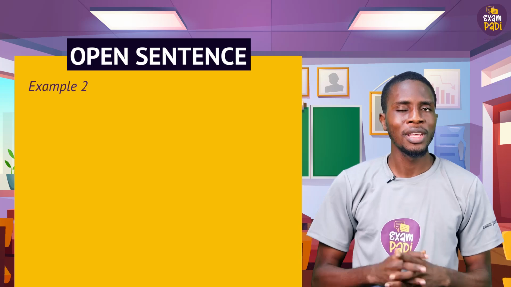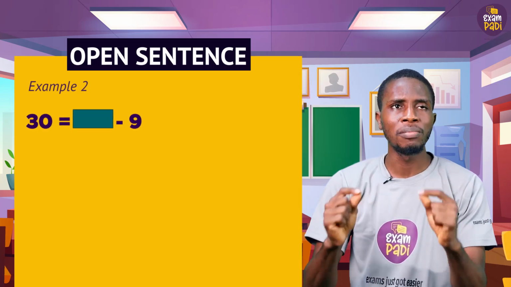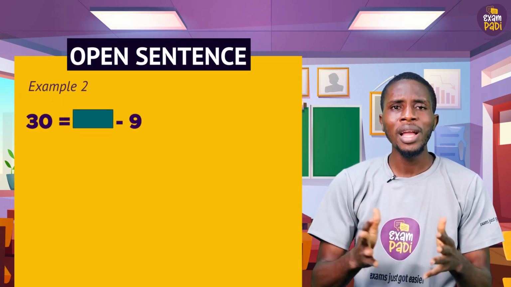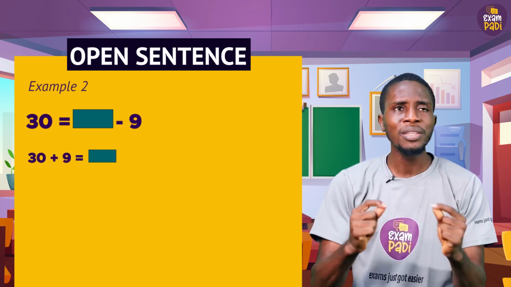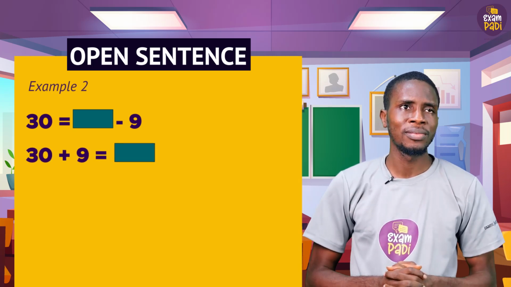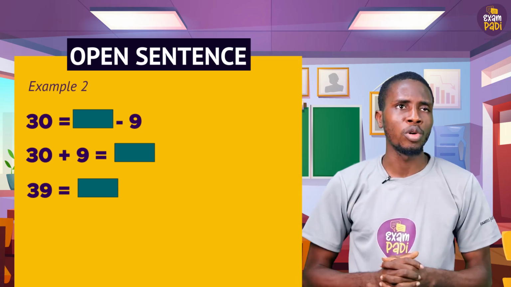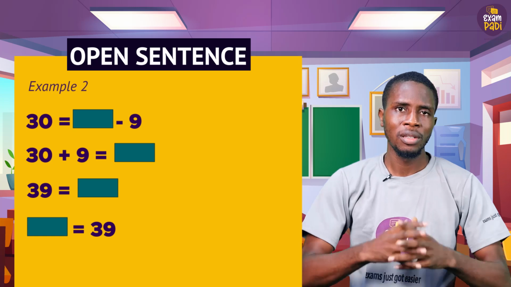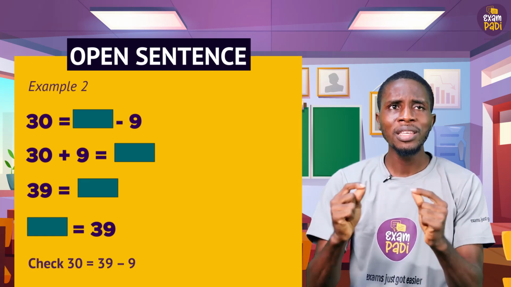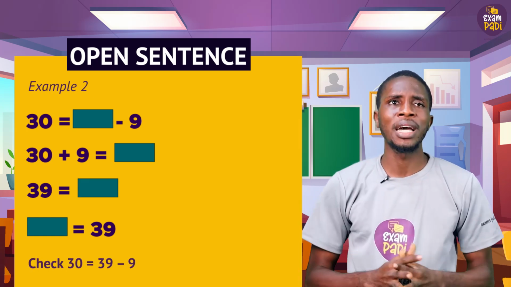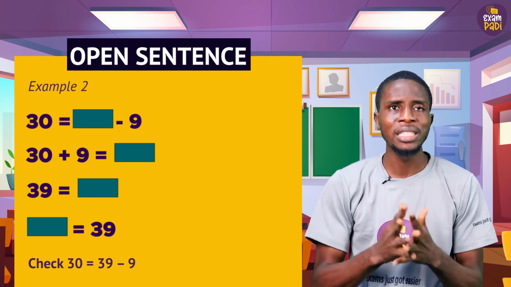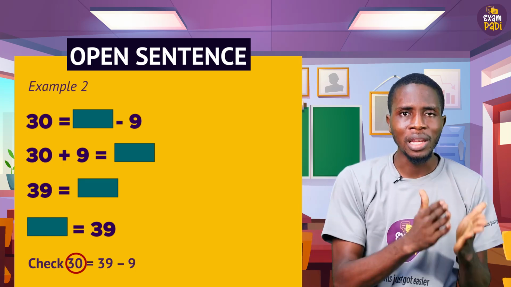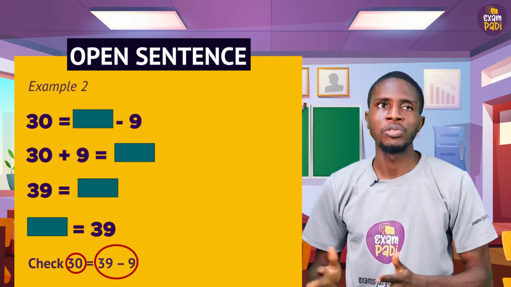Example 2. 30 equals box minus 9. Collecting like terms, 30 plus 9 equals box. 39 equals box. Therefore, box equals 39. Checking, 30 equals 39 minus 9. 39 minus 9 gives 30. That is, the left hand side equals the right hand side.